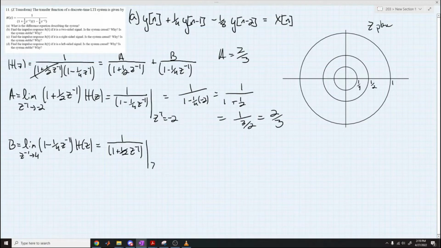I evaluate that at z to the negative 1 equal to 4, and I'll get 1 over 1 plus, what would I have? 1/2 times 4, that's 2. That's a pretty simple one. So I'll get 1/3. So here's my B. So B is equal to 1/3.